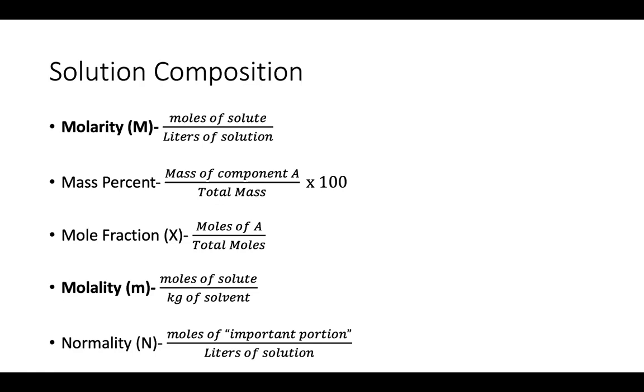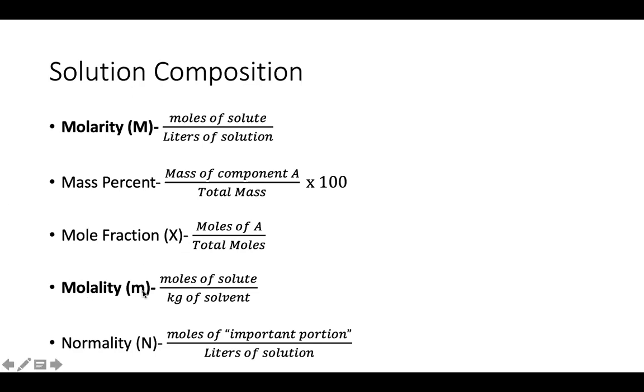We have mole fraction, which we denote with an X, and the mole fraction is moles of the component in question divided by the total moles, right? Mole fraction will always be a decimal. You should never have a mole fraction above 1. It's just not possible. And our other big one is molality. Be very careful.